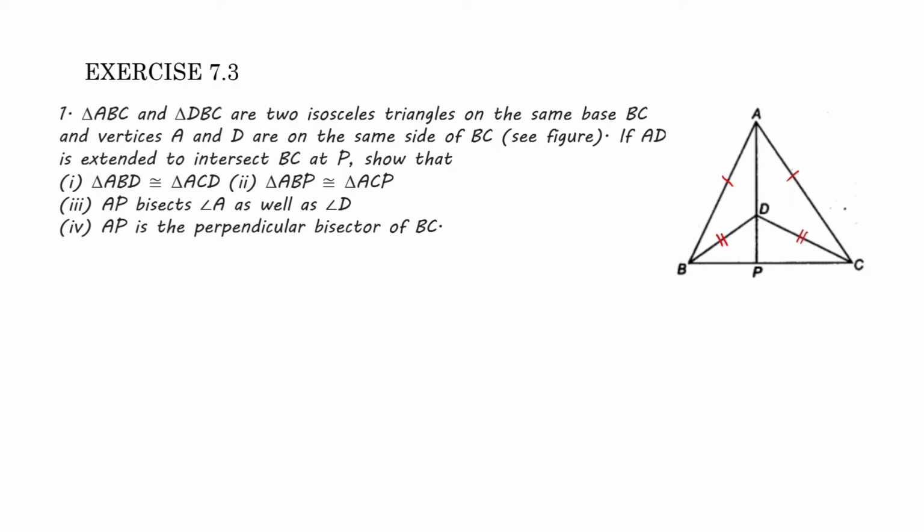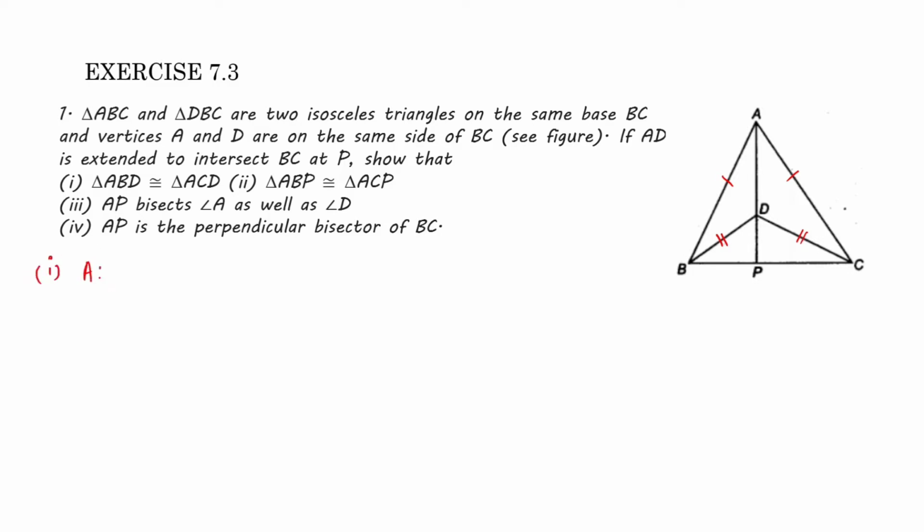We need to show two triangles congruencies. Also, we need to show that AP bisects angle A as well as angle D, and AP is the perpendicular bisector of BC. Now, let's solve this question one by one.